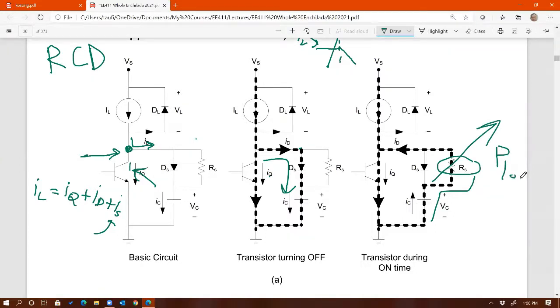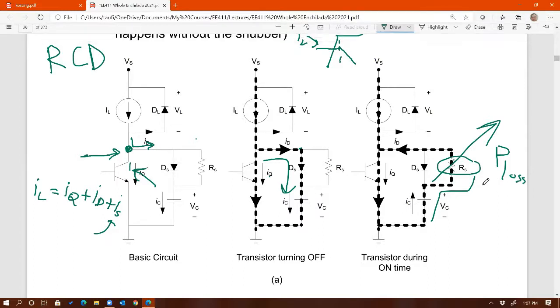So the power loss on that resistor is 1/2 CV squared times F. Energy is 1/2 CV squared, and it is being used by this resistor and translated into heat, and the amount of watts corresponding to that stored energy is 1/2 CV squared times F.